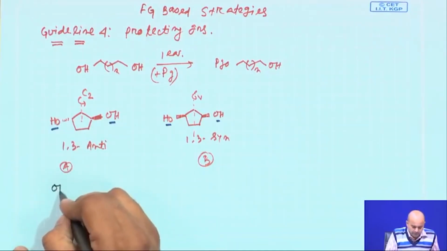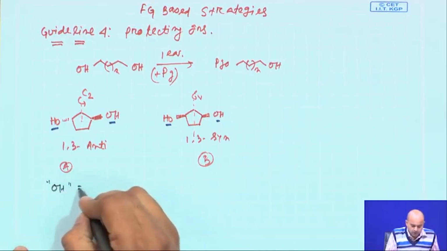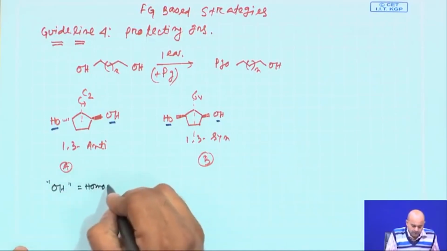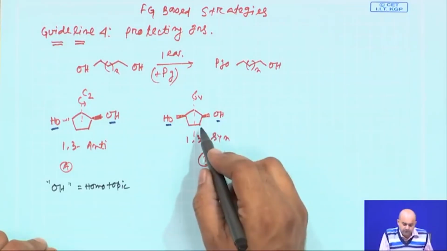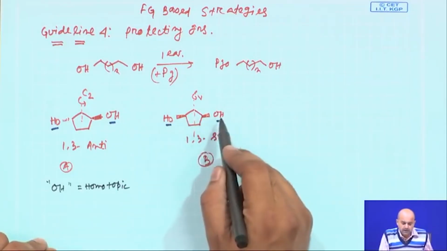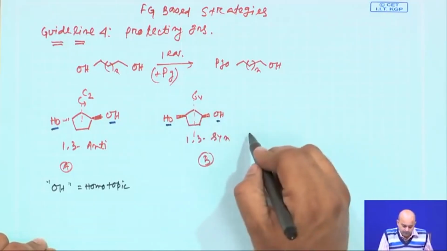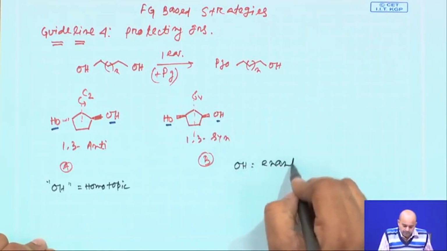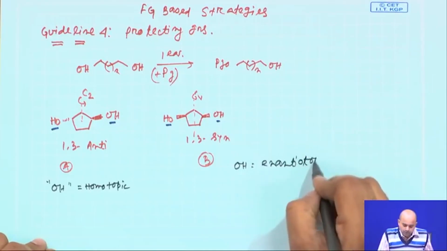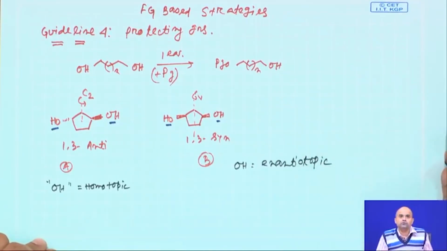So, these two OH groups are homotopic, which means they are equivalent, and for the other compound, as they are related by the mirror plane of symmetry, the OH groups are enantiotopic. What implication does this topicity have for protecting group chemistry? We will now demonstrate with a particular example.